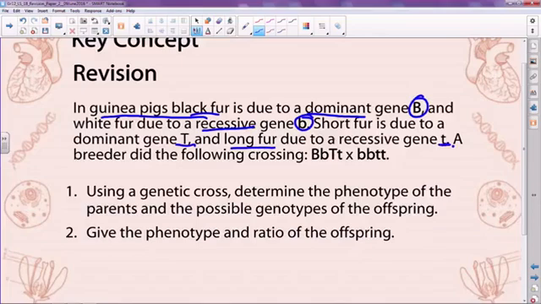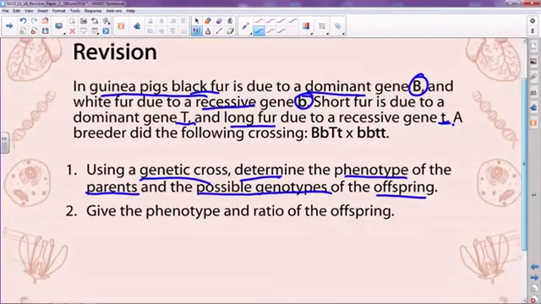A breeder did the following crosses: big B, big T, small b, small b, small t. Using the genetic crosses, determine the phenotype of the parents, which is quite easy to find out, and the possible genotype of the offspring.